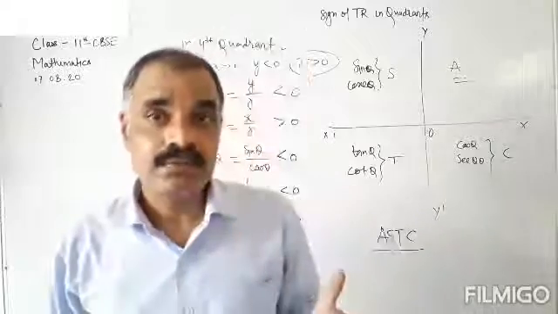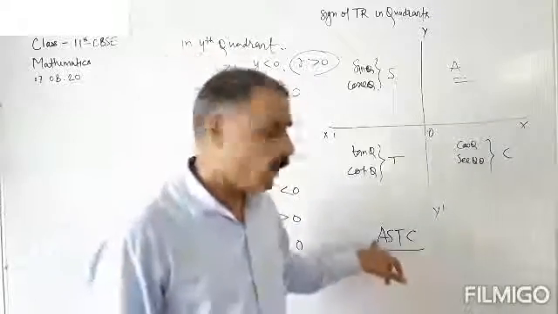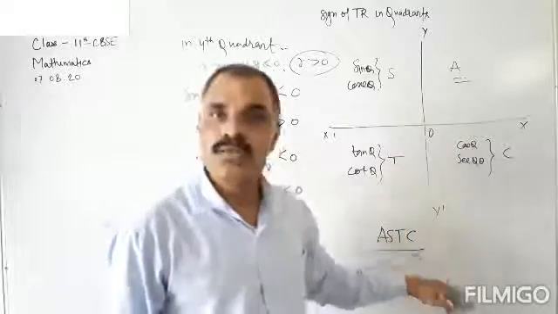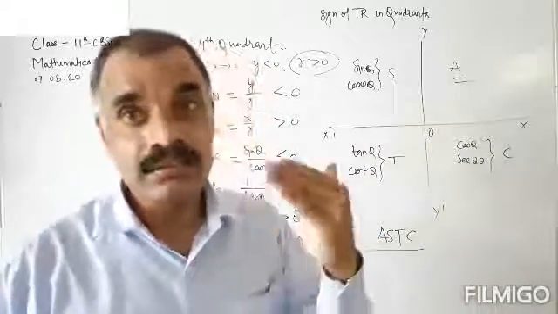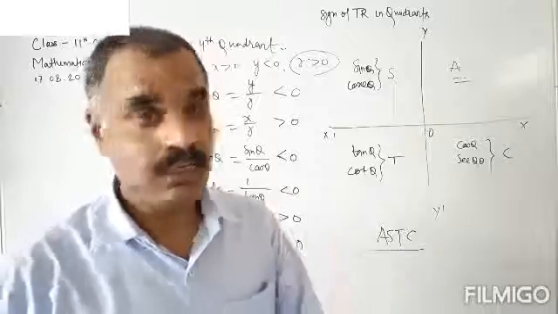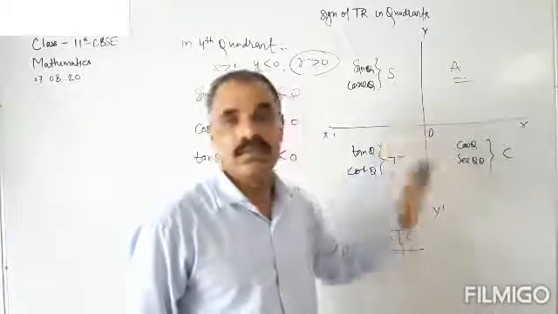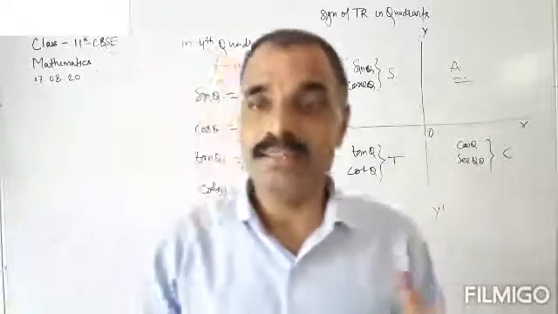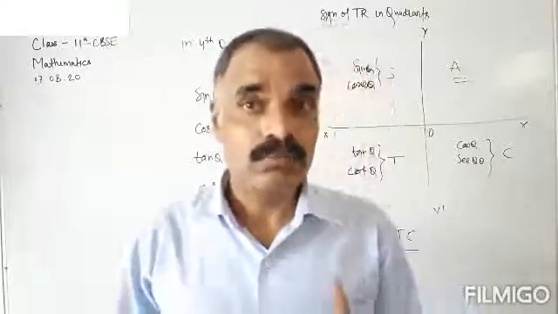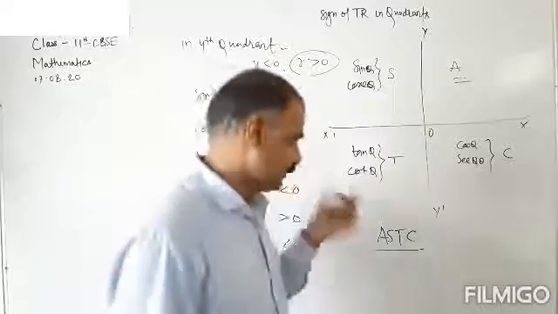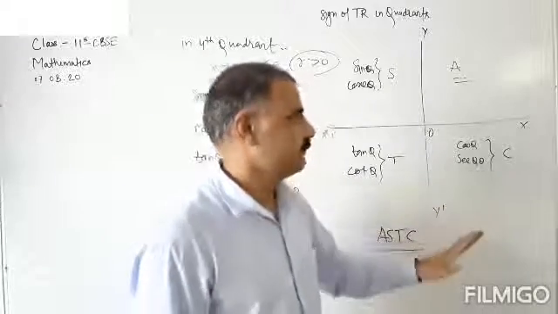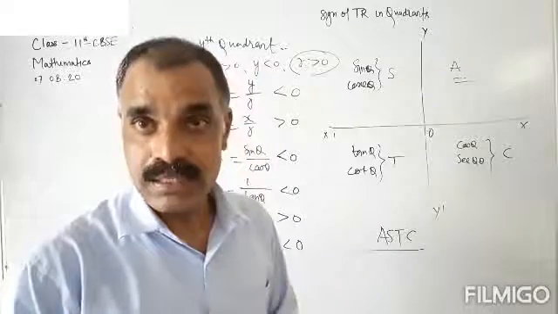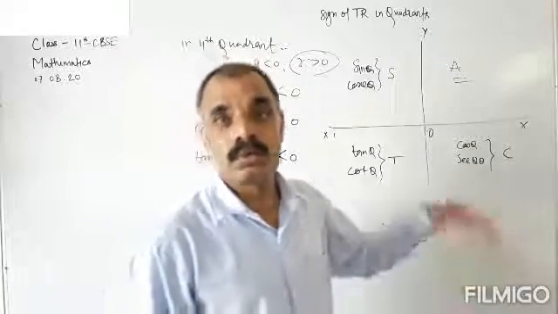ASTC means A stands for all, that is for the first quadrant. S stands for sine and its reciprocal cosec, for the second quadrant. T stands for tan and its reciprocal cot for the third quadrant. And C stands for cos and its reciprocal sec for the fourth quadrant.